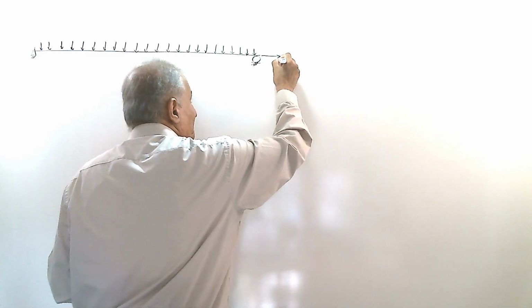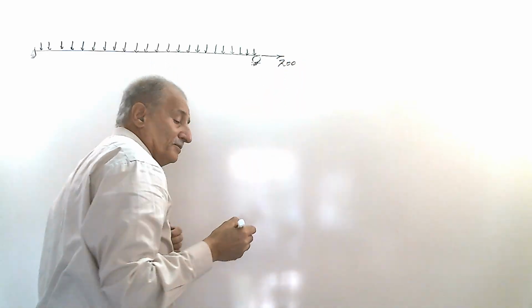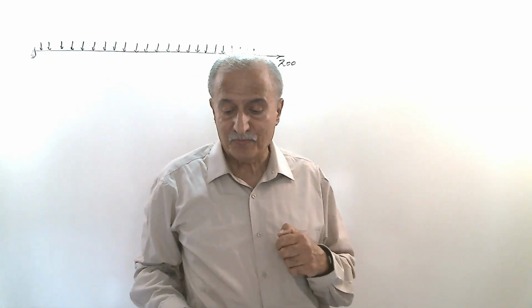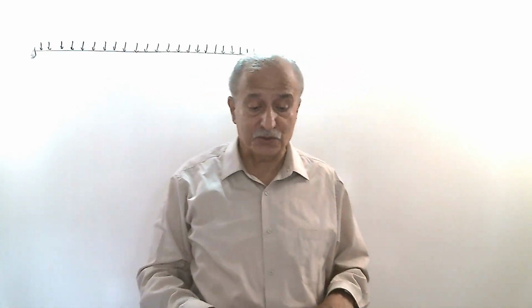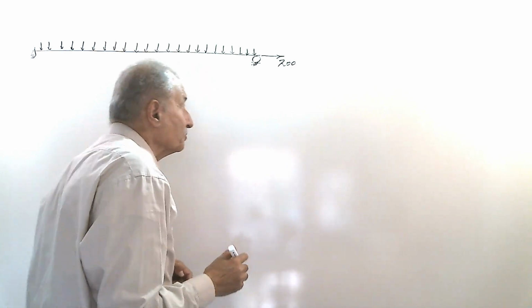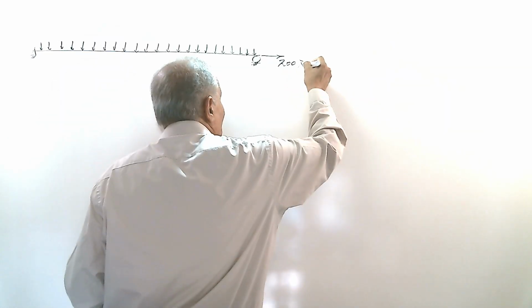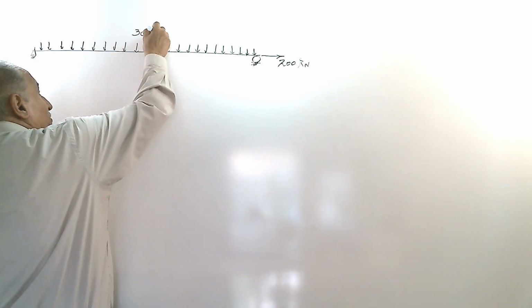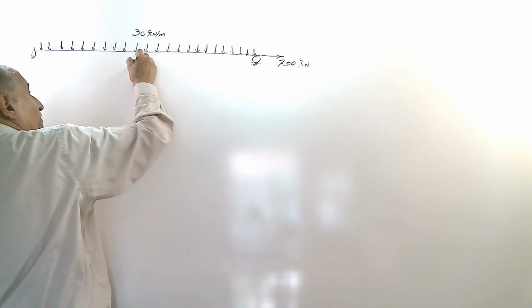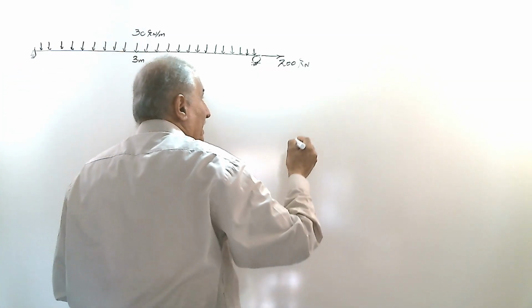For example, here, the axial force is 200 kilonewton, the uniform distributed force intensity is 30 kilonewton per meter, and the span of the beam is 3 meter.